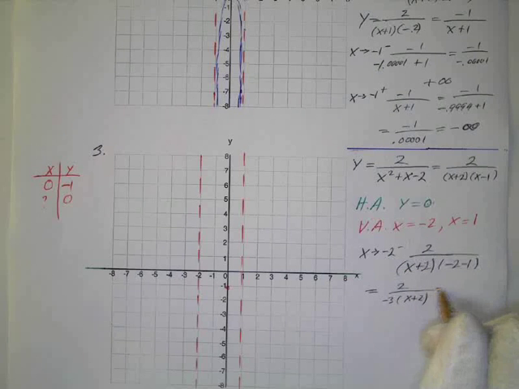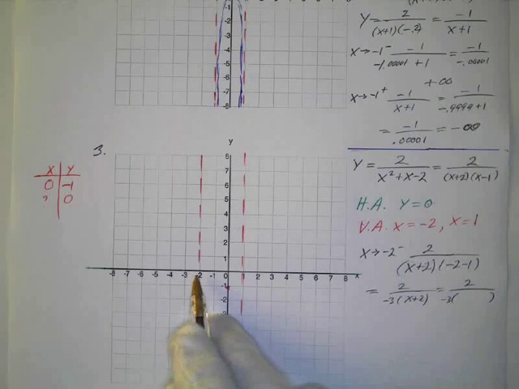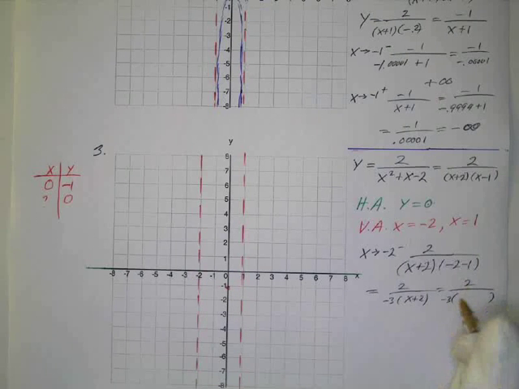So we'll write this as 2 all over negative 3. And then what's just to the left of negative 2? Negative 2.00001, and then plus 2.